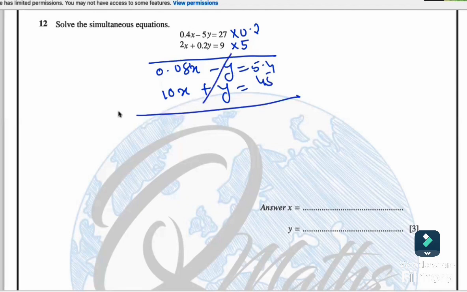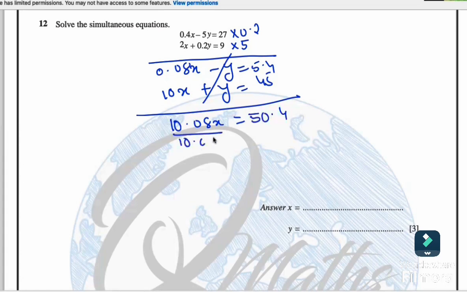Therefore, I can cancel the y, and they both are positive, so it will become 10 plus 0.08, which is going to be 10.08x is equal to 45 plus 5.4. 45 plus 5.4, which is 50.4.